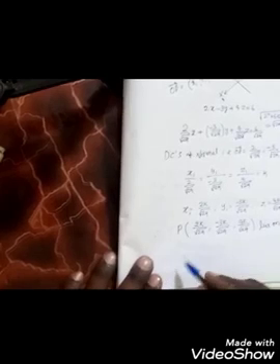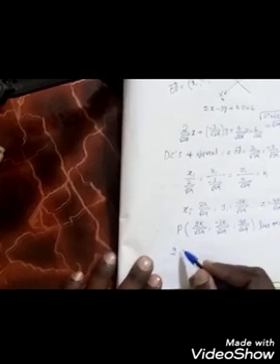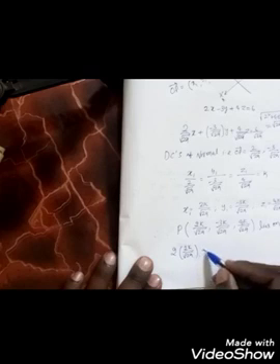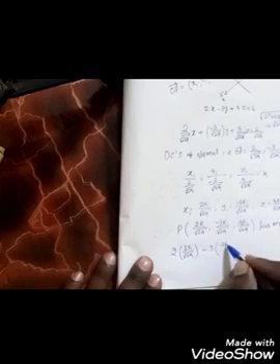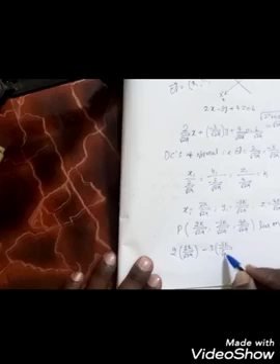Therefore, in the given plane 2x, in the place of x we put 2 into 2k by root of 29, minus 3 into minus 3k by root of 29, plus 4 into 4k by root of 29 is equal to 6.